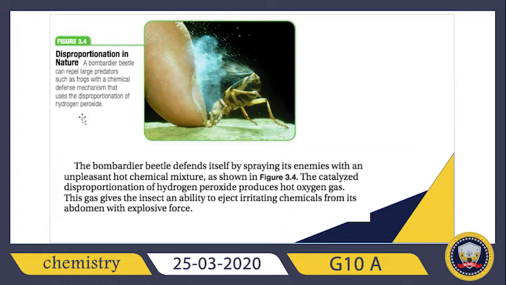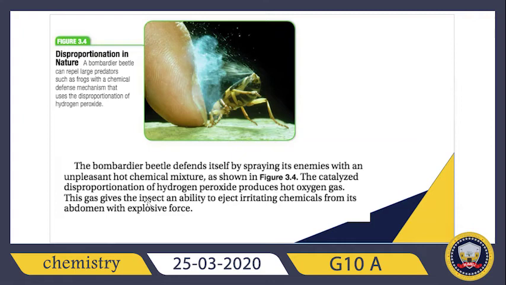Disproportionation in nature. A bombardier beetle can repel large predators such as frogs with a chemical defense mechanism that uses disproportionation of hydrogen peroxide. The bombardier beetle defends itself by spraying its enemies with an unpleasant hot chemical mixture, as shown in figure 3.4.